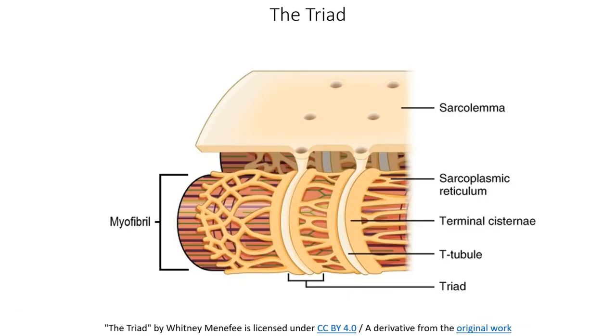The sarcolemma is a special name given to the cell membrane of skeletal muscle fibers. This is still that plasma membrane that we see generally in cells in the human body, but it's uniquely designed for muscle cells in this particular case, and so it has a special name, which is the sarcolemma.